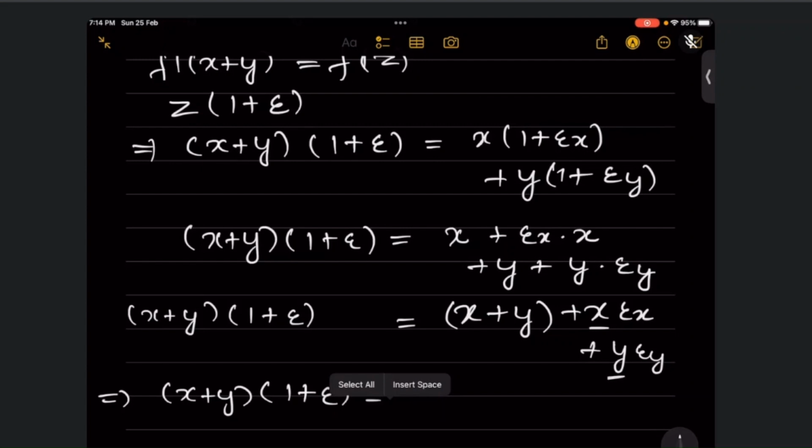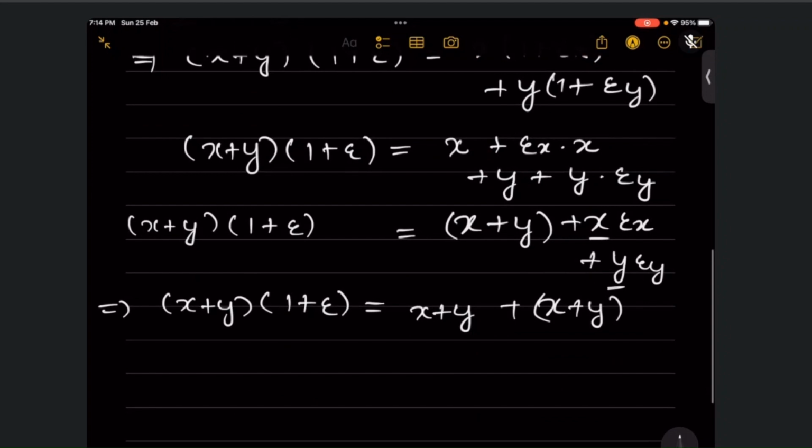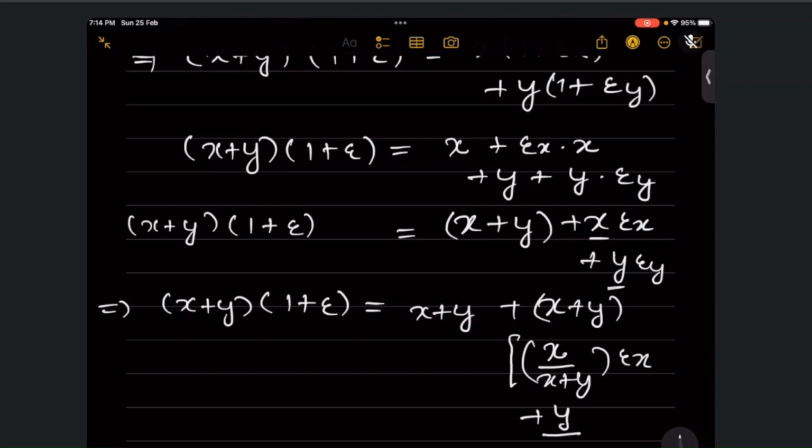We can simply write it as x plus y, multiplying and dividing by x plus y, it will give us x plus y into x upon x plus y into epsilon x, and plus y upon x plus y into epsilon y.